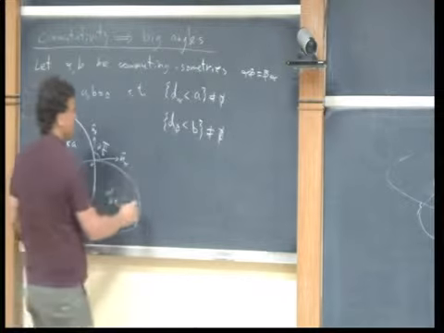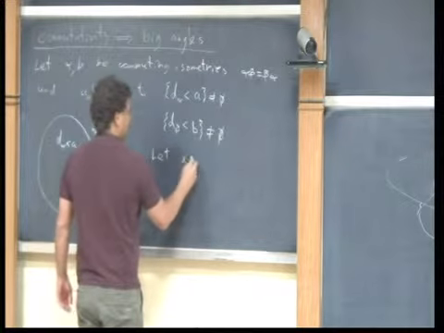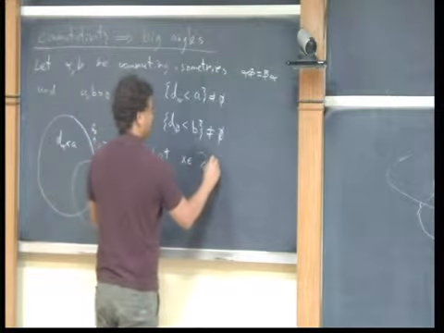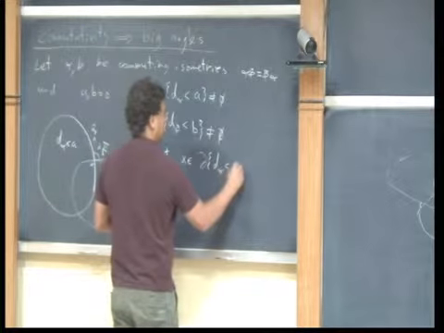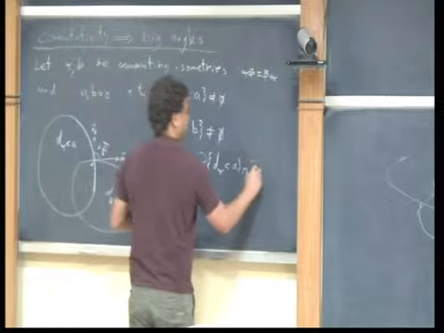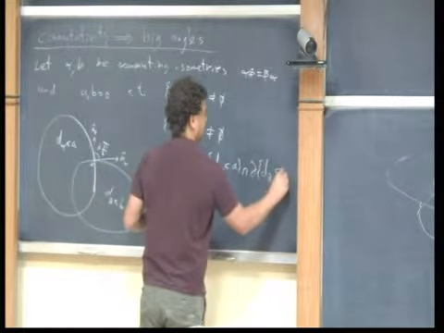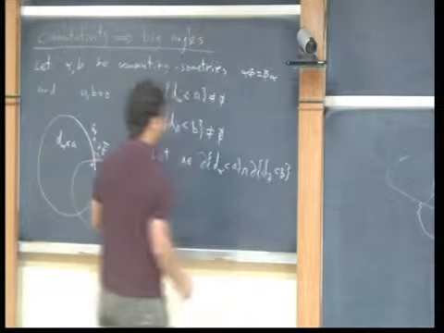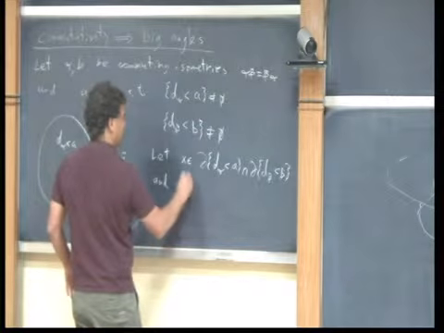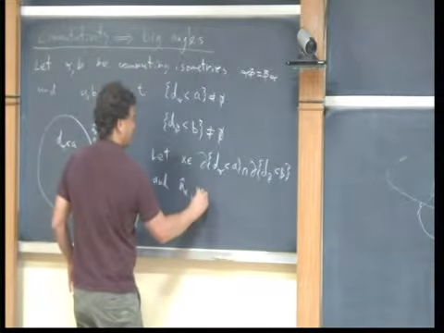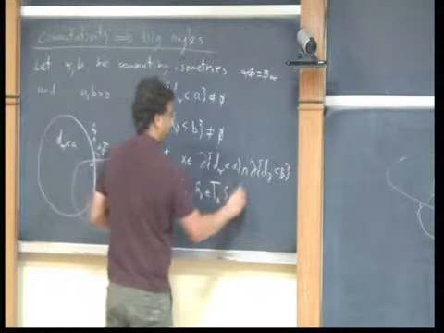So the claim will be: let x be in the intersection of the boundary of {d_alpha less than A} with the boundary of {d_beta less than B}, and let n_alpha and n_beta in the tangent space be the corresponding normal vectors.